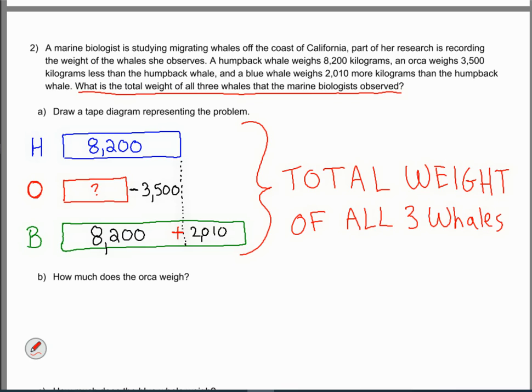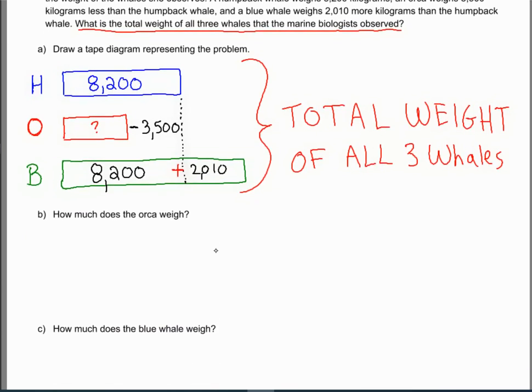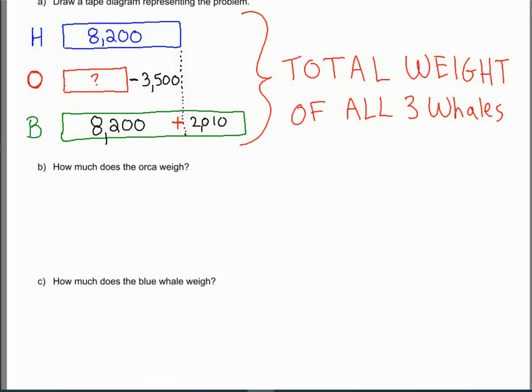Okay. Well, we already know what the humpback weighs, right? We had to figure out what that orca weighs. And to do that, we take what the humpback weighs, 8,200 kilograms, and we subtract 3,500, and we'll get our answer.